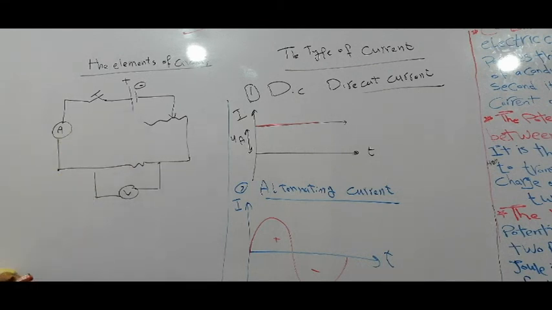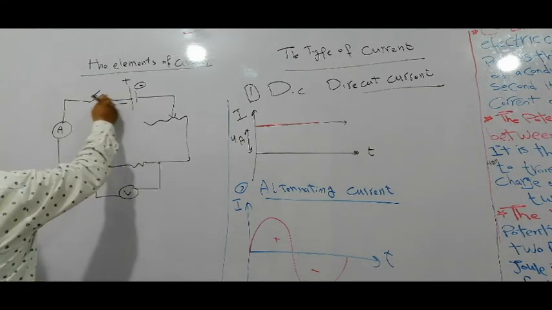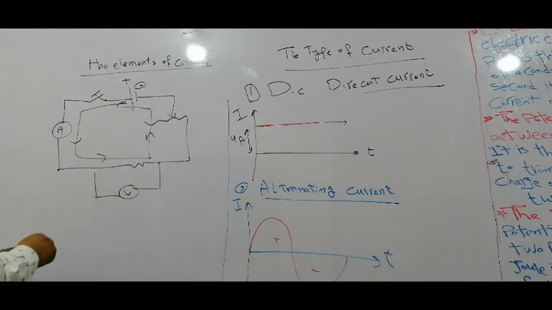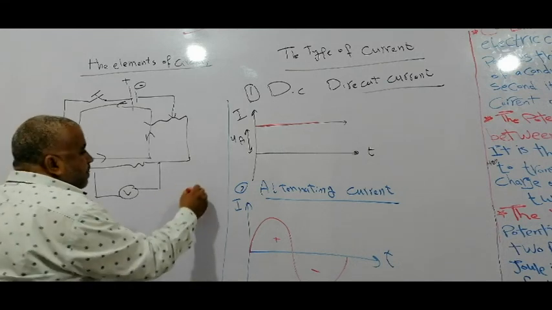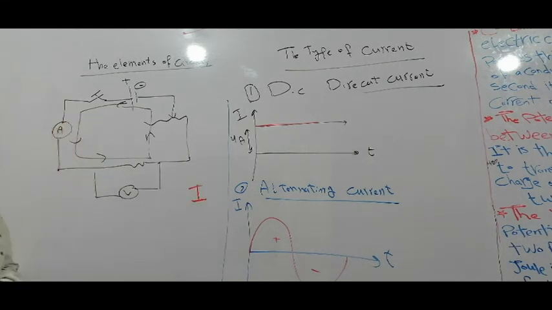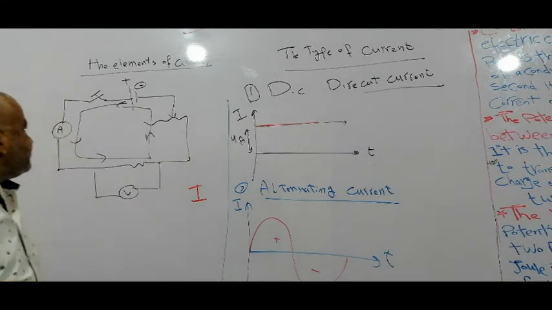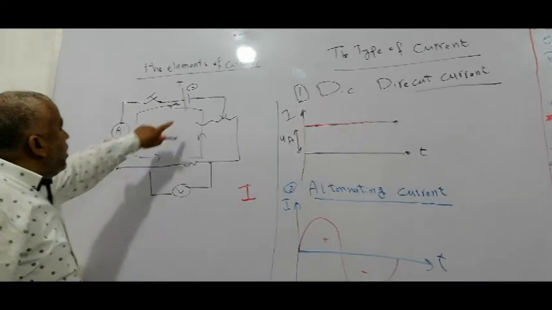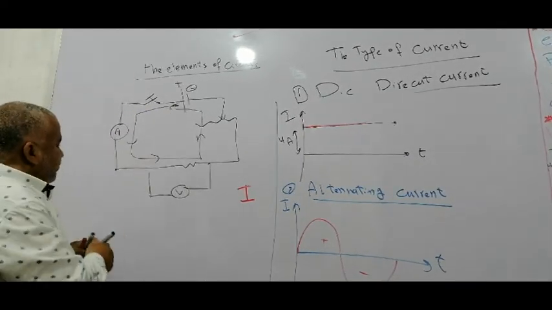This battery is responsible for pushing the current in this direction, the conventional direction. Conventional direction or actual direction, both are correct, because intensity of current I is a scalar physical quantity and we need magnitude only.